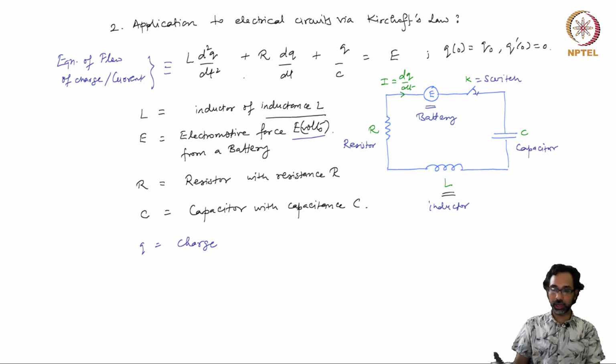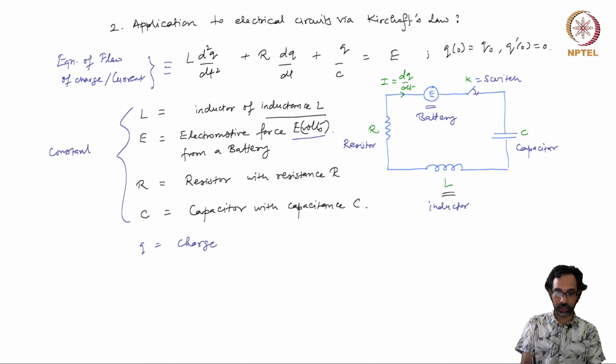So given these are all constants, L is an inductance, E is the electromotive force or E volts, R is the resistance, and C is the capacitance, and these are considered to be constants as far as solving the differential equation goes. E can also be dependent on the time t, as we have seen.